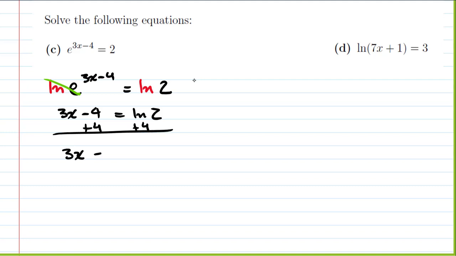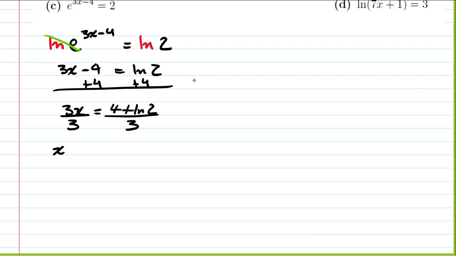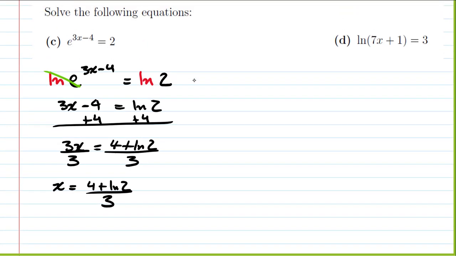We get 3x is equal to 4 plus the natural logarithm of 2. Divide by 3, and we get x is equal to 4 plus the natural logarithm of 2 all over 3.